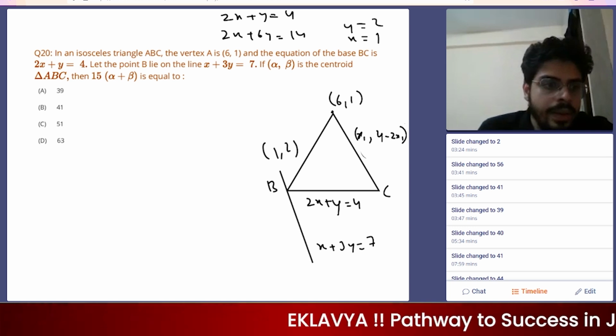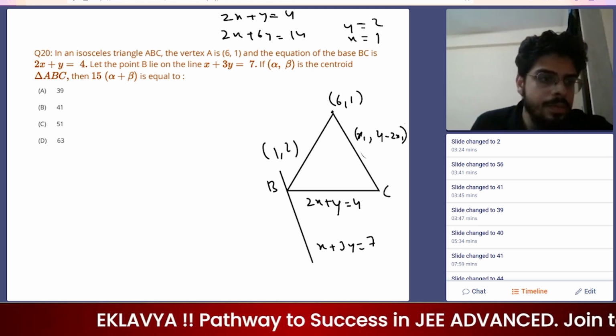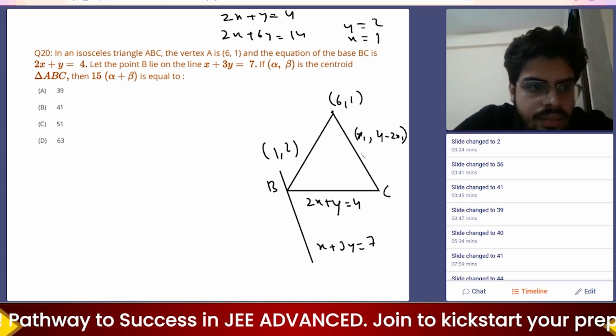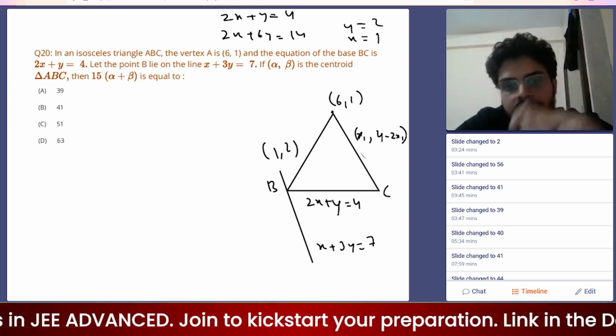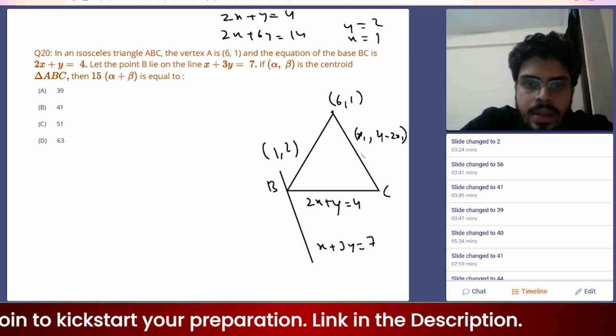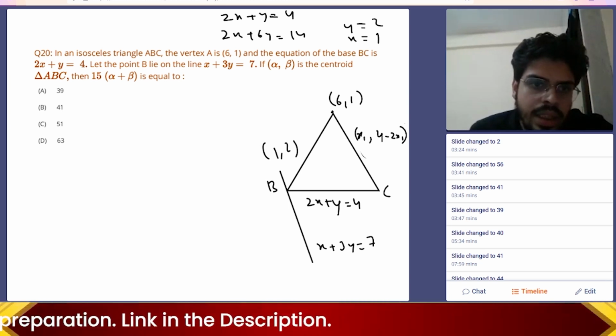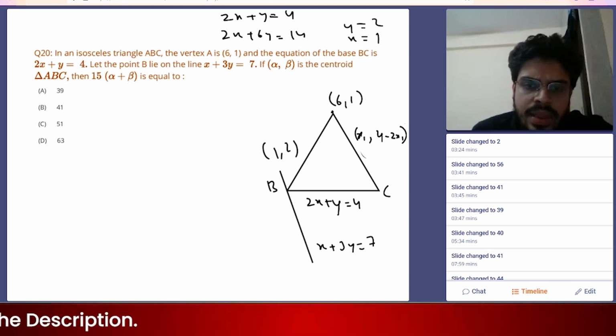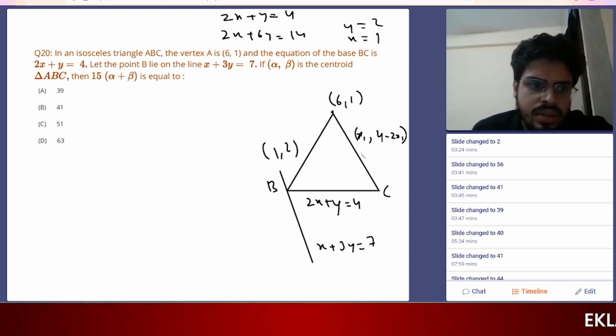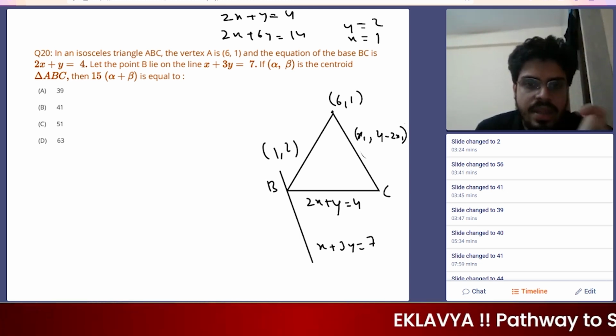Okay, fine. Now we can say that it is isosceles, so AB is equal to AC. So what is the length AB?